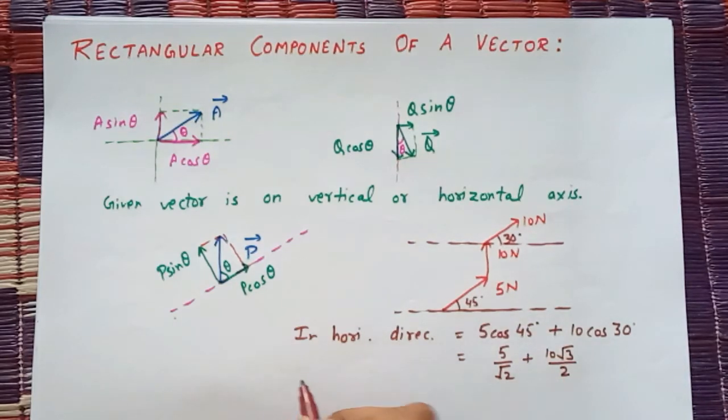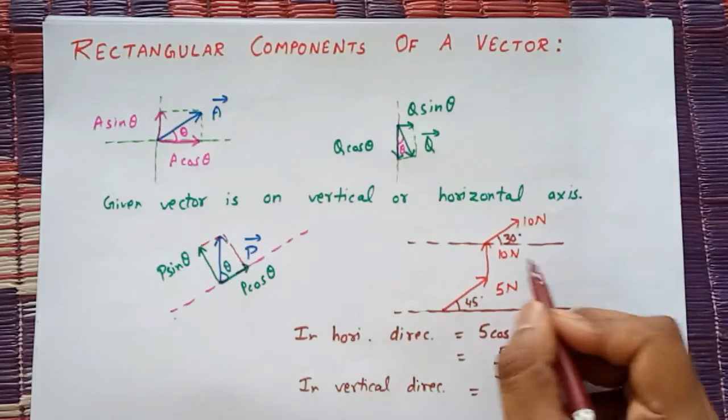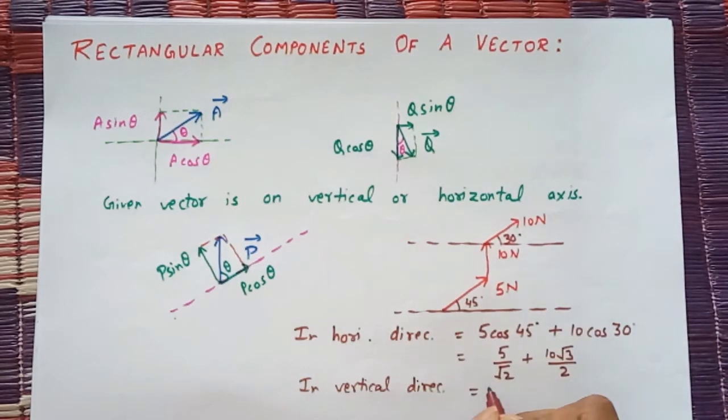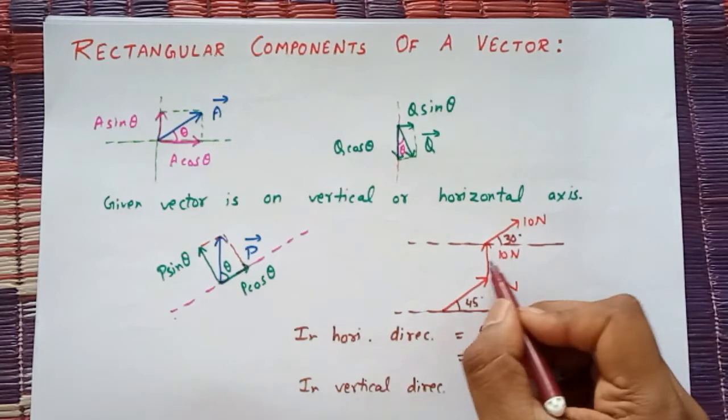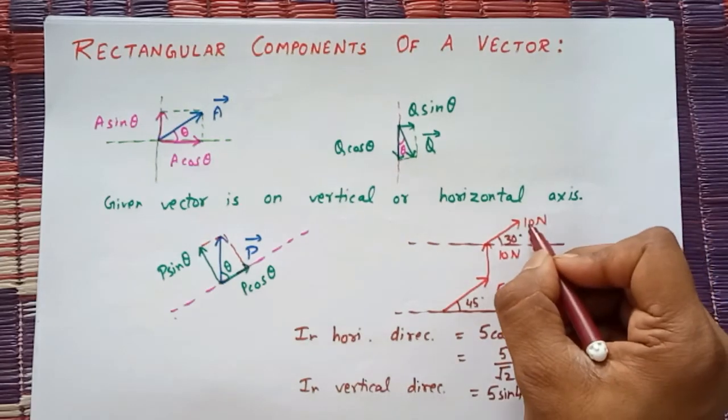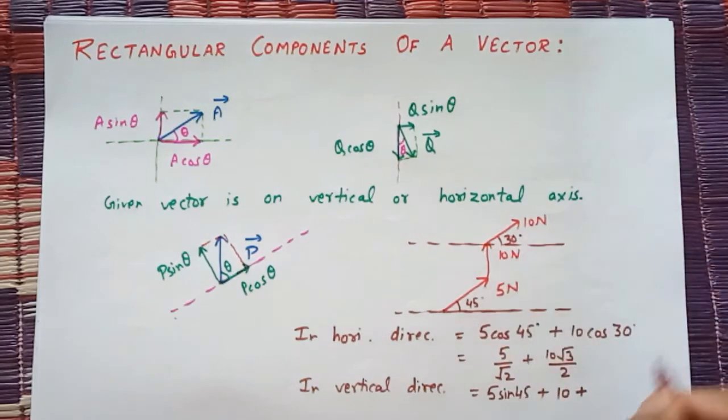This is in the horizontal direction, and in the vertical direction, the component of 5 Newton will be 5 sin 45, plus the 10 Newton is also vertical and upward, so added by 10, and the component of this will be 10 sin 30.